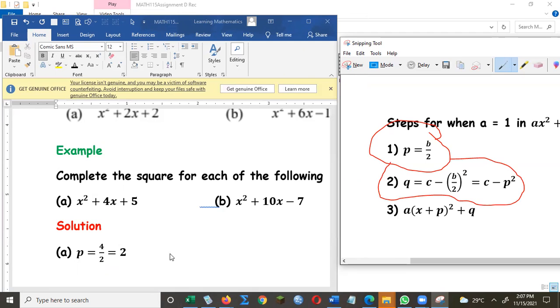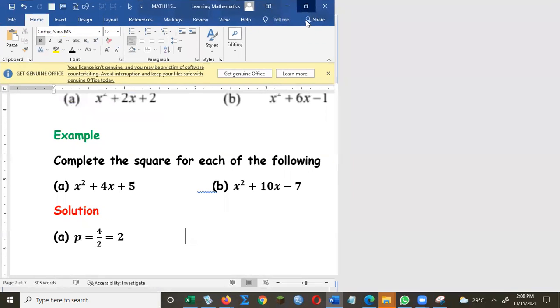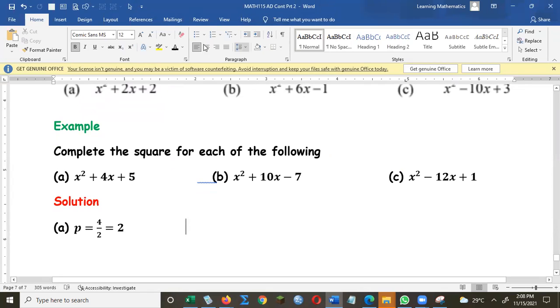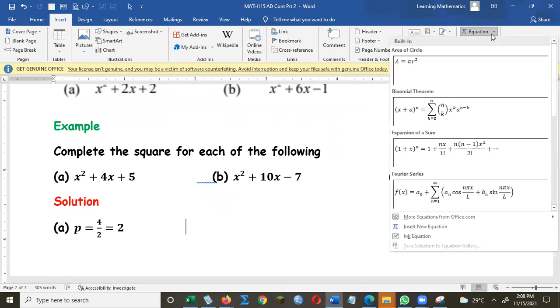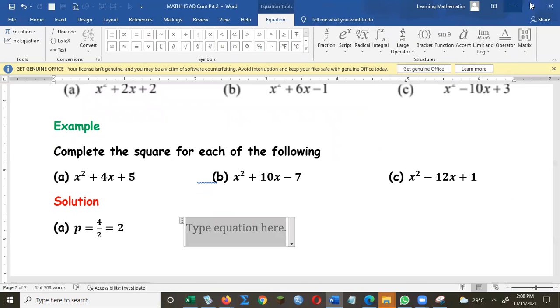Right, not just 2 squared, because it's not 2 squared that is written there. Another student said 5 minus 2 squared.